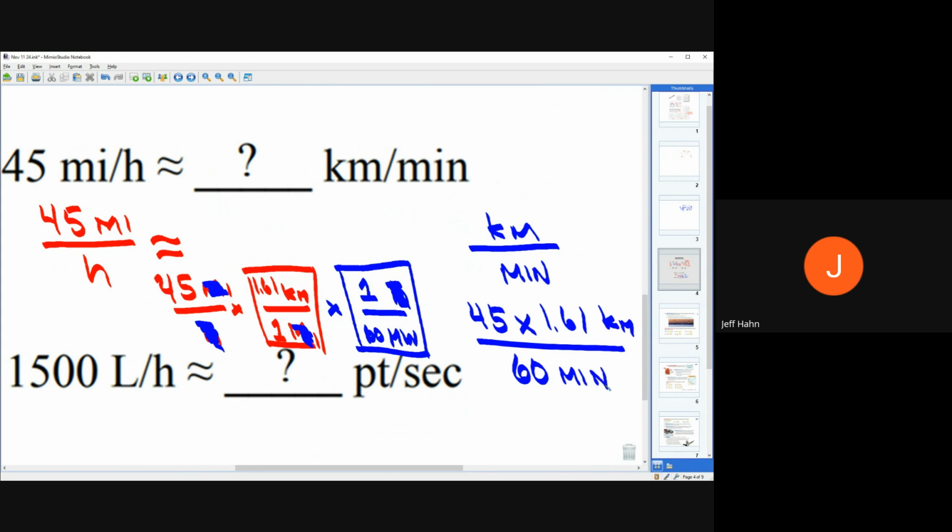Think about this as all being one big fraction. What do I have on top? 45 times 1.61 times 1, I don't have to put the times 1. On the bottom, I have 1 times 60 minutes.